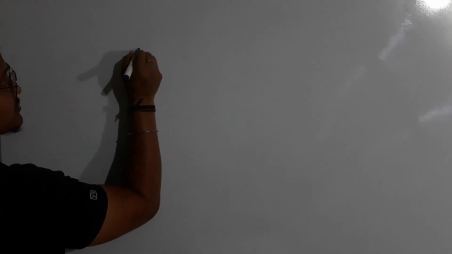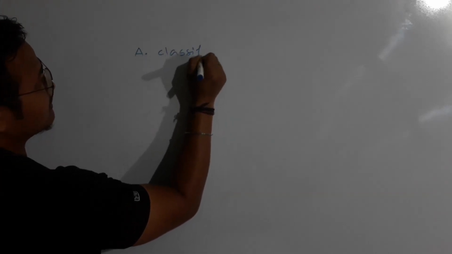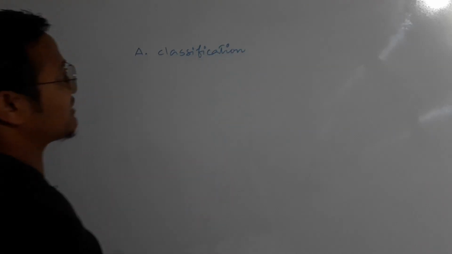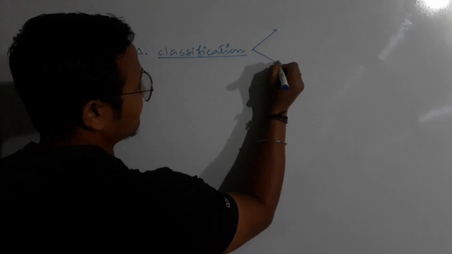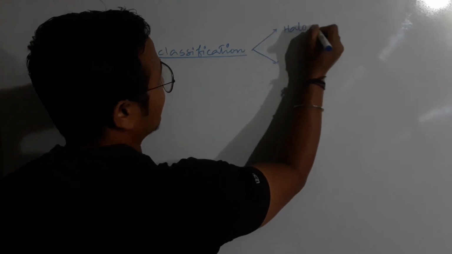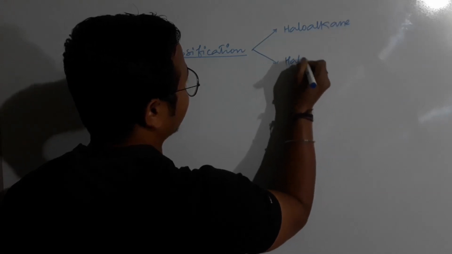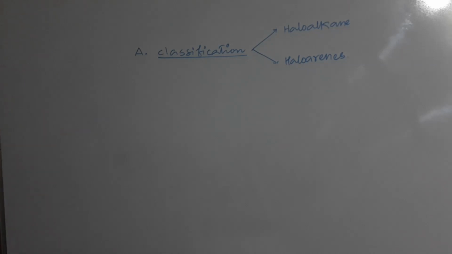Okay, guys. So the first topic which we are discussing in this particular unit is classification. Clear, guys? We are talking about the classification of both haloalkanes and haloarenes.